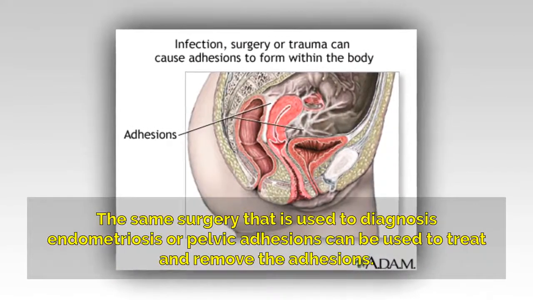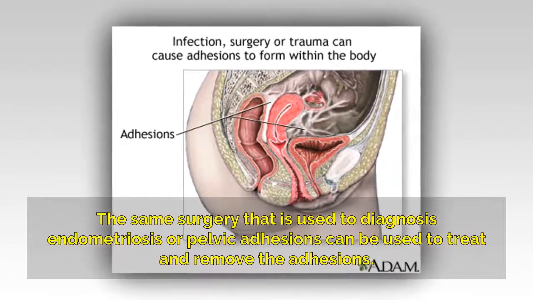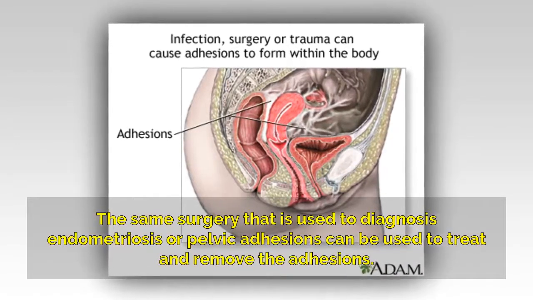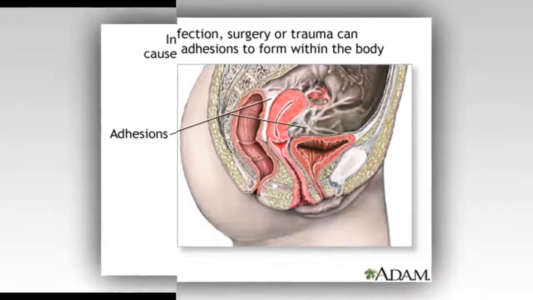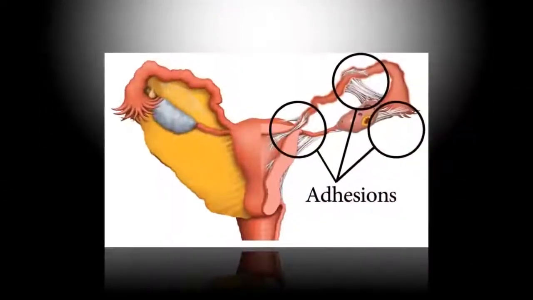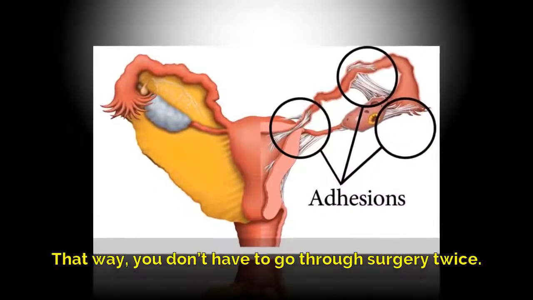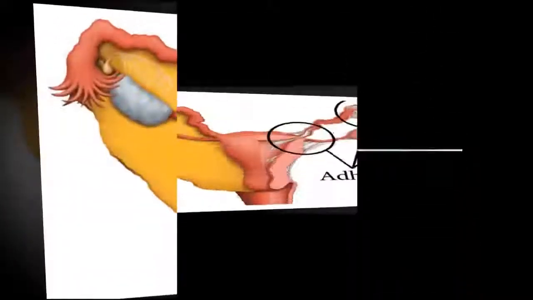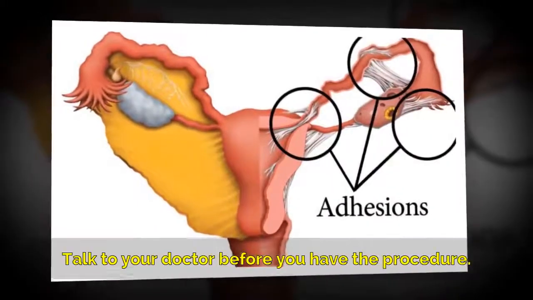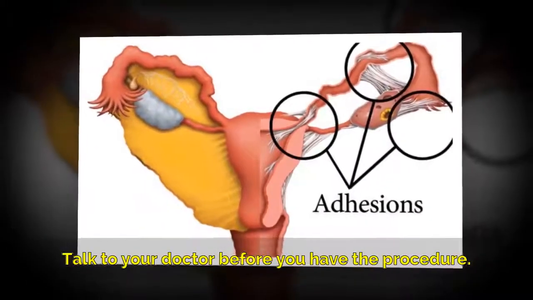The same surgery that is used to diagnose endometriosis or pelvic adhesions can be used to treat and remove the adhesions. That way, you don't have to go through surgery twice. Talk to your doctor before you have the procedure.